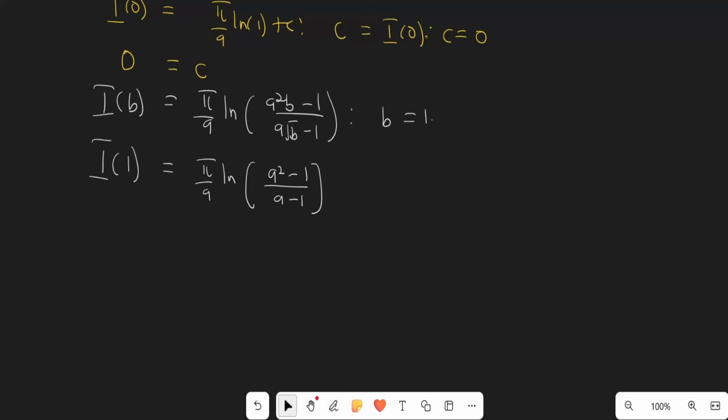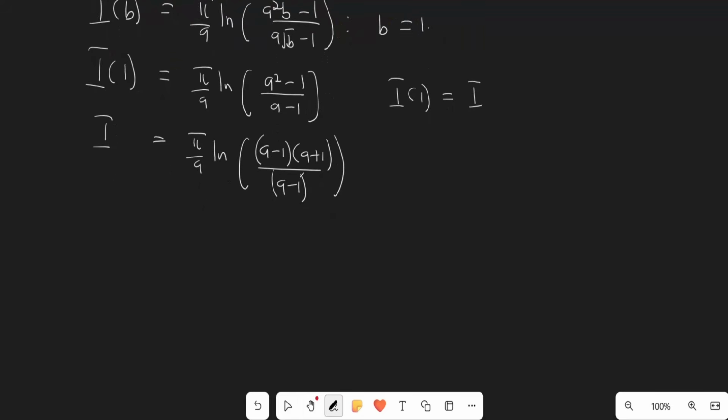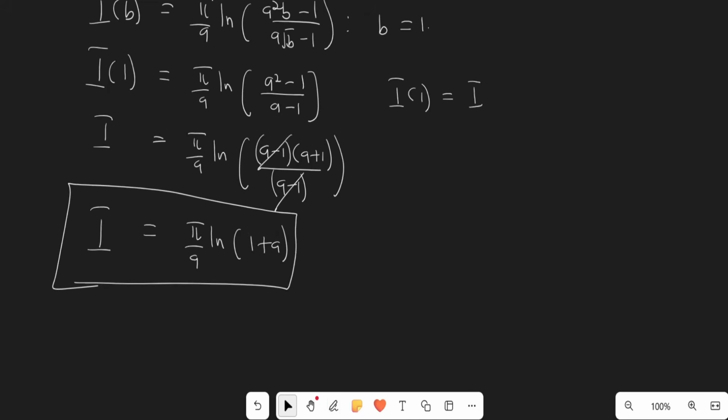All right, so I of 1 is the same as I. So here I is equal to pi over a, and then the ln of, this is a difference of two squares, the numerator, which is a minus 1 multiplied by a plus 1, divided by a minus 1, like this. And this one is going to cancel this one out nicely, and we are left with the proof, pi over a, the ln of 1 plus a. This is the proof that we are tasked to show.